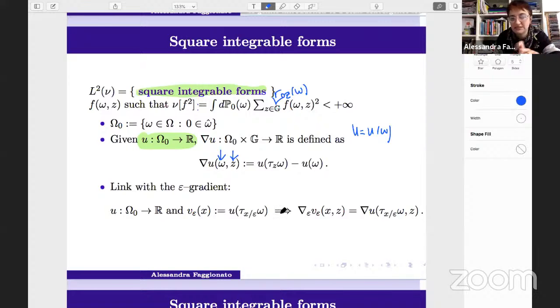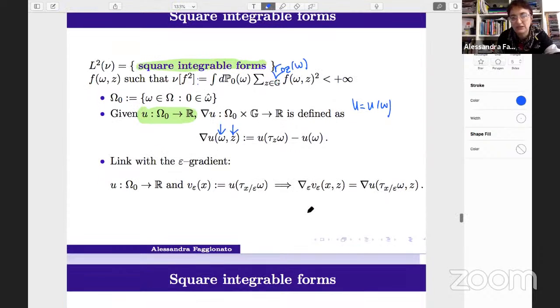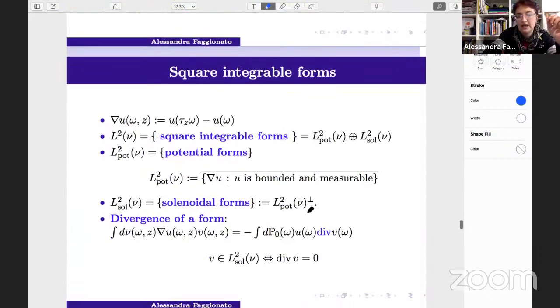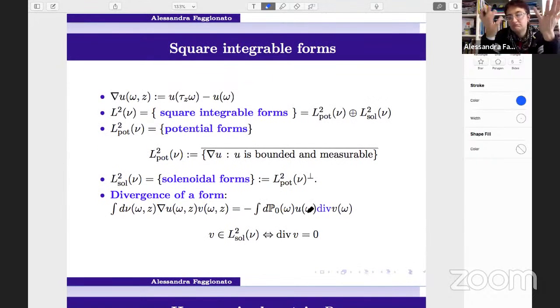I don't discuss it, but there is a relation between this gradient and the epsilon gradient. And now we have the analogue of the Weyl decomposition. I take the space of square integrable environment forms, given by the functions of environment and jump that are square integrable with respect to nu. I can express this H2 space as an orthogonal sum of two subspaces.